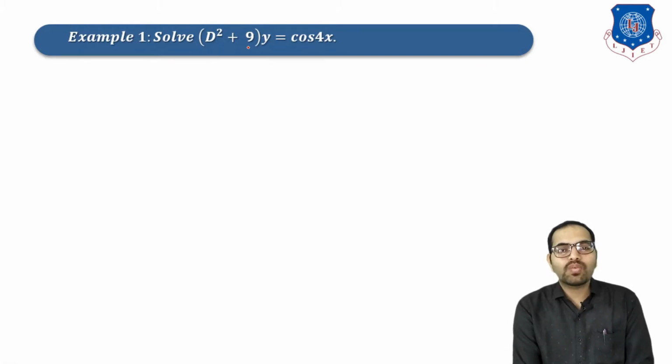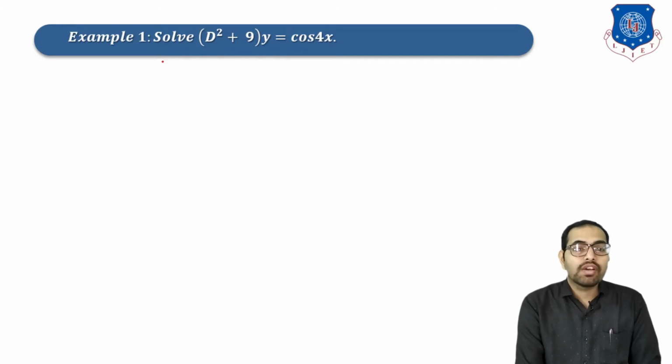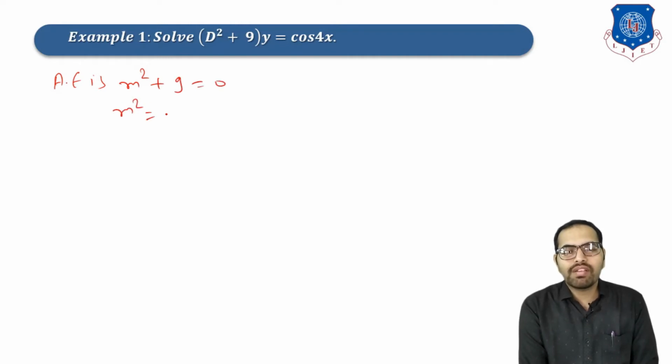Solve D square plus 9 of y is equal to cos 4x. See, firstly what we have to do, obviously, the auxiliary equation is m square plus 9 equal to 0, then m square equal to minus 9, then m is equal to plus or minus 3i, meaning here 0 plus or minus 3i.